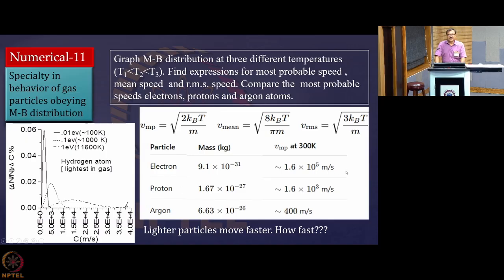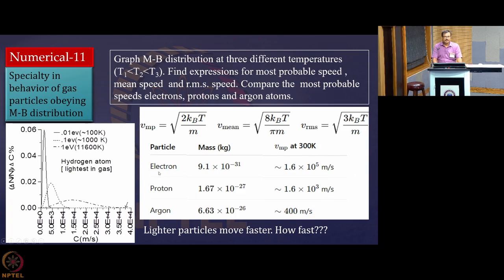What I wanted to bring out in this tutorial is that you start from 400 meter per second for argon atom. For proton, you see around 2000 meter per second for the same temperature.